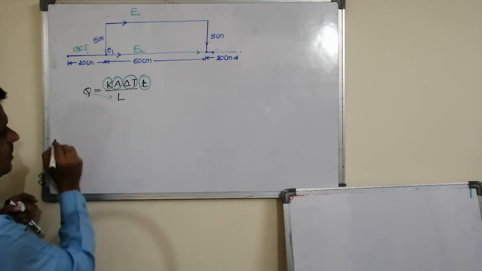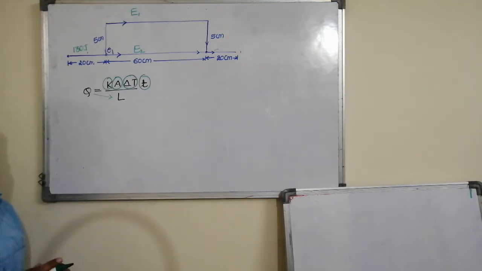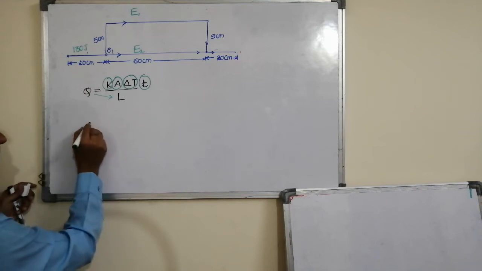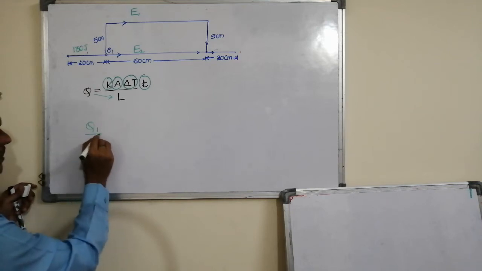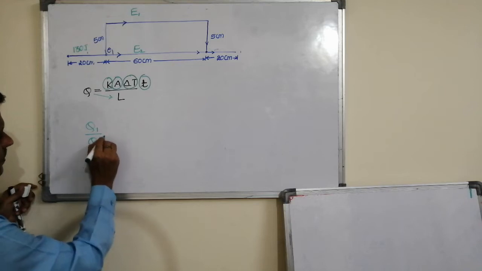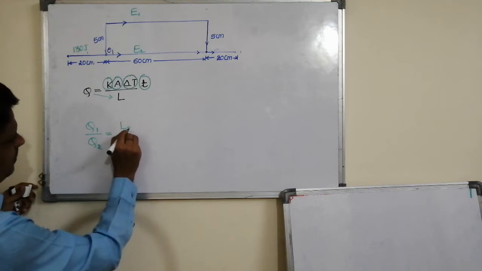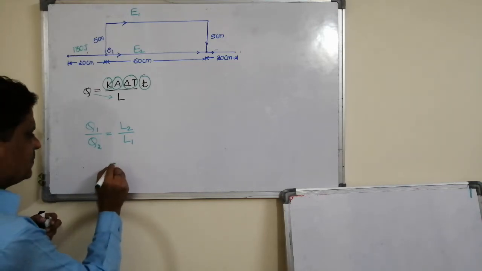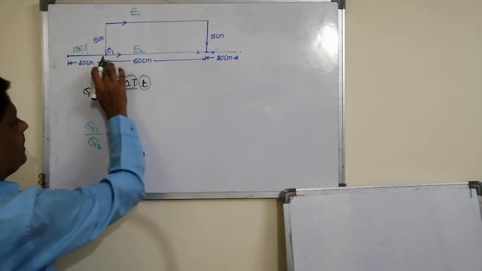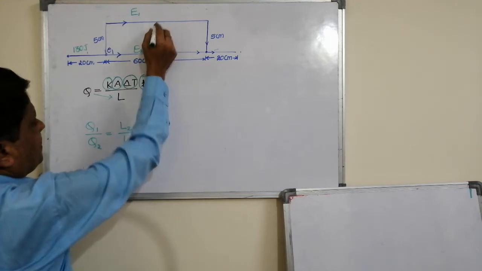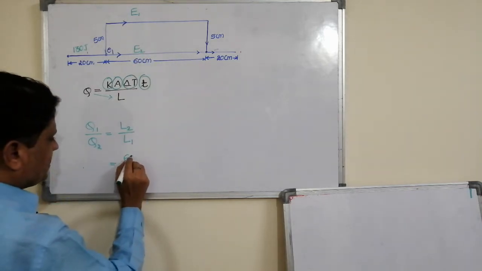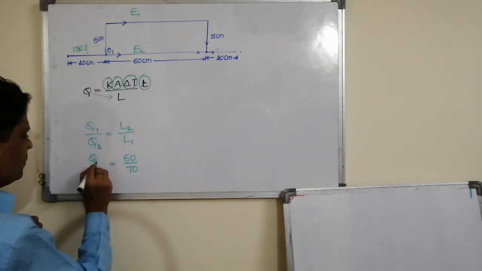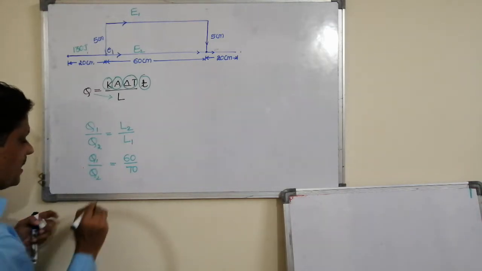Then Q is inversely proportional to length. So my first way of solution is Q1 by Q2 is equal to L2 by L1. So L2 is the length of this, 60, and length of this is 70. 60 by 70 is Q1 by Q2.